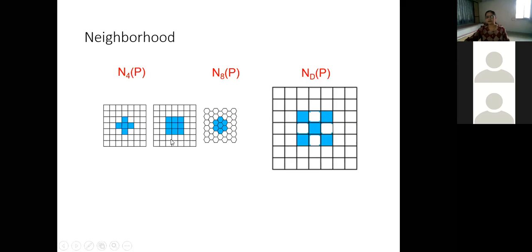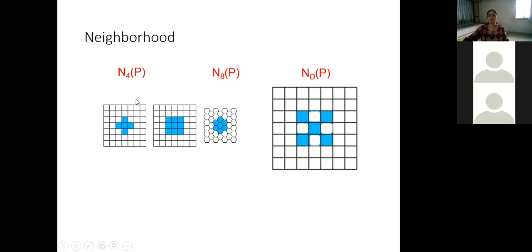Instead of a square grid, while capturing the image, if you have a hexagonal grid, you can have a hexagonal neighborhood. But practically, the hexagonal neighborhood is not used, for simplicity of implementation and computation. Most of the time, we consider a rectangular neighborhood as shown in these three pictures, and the hexagonal grid is rarely used.